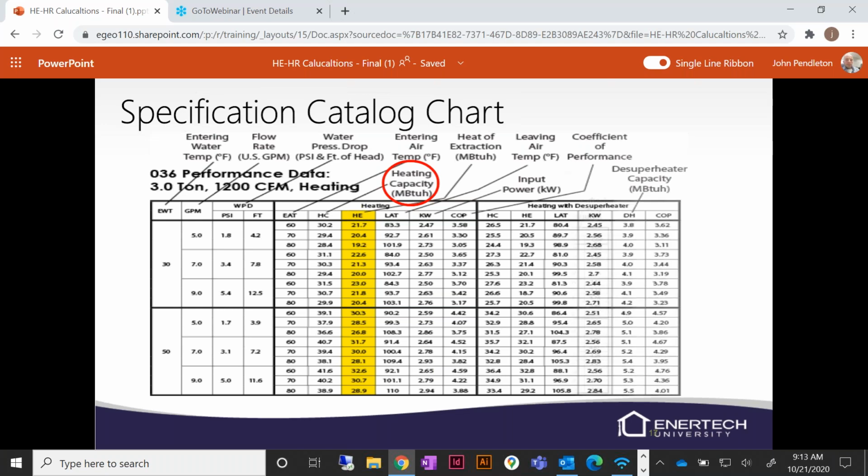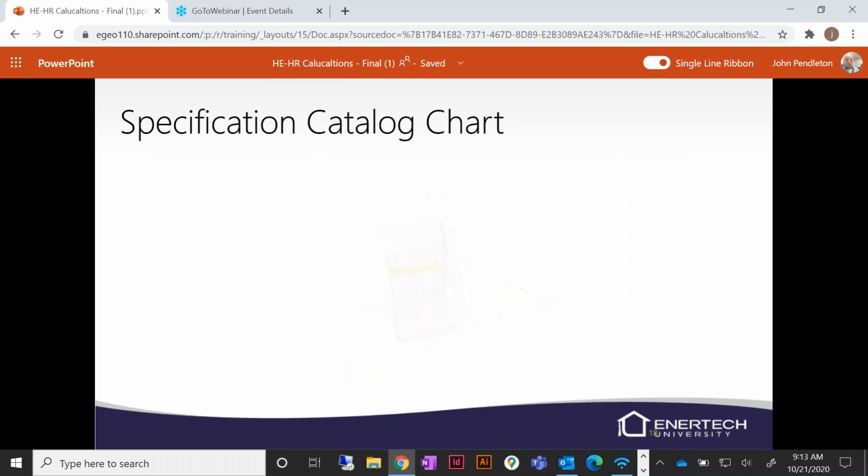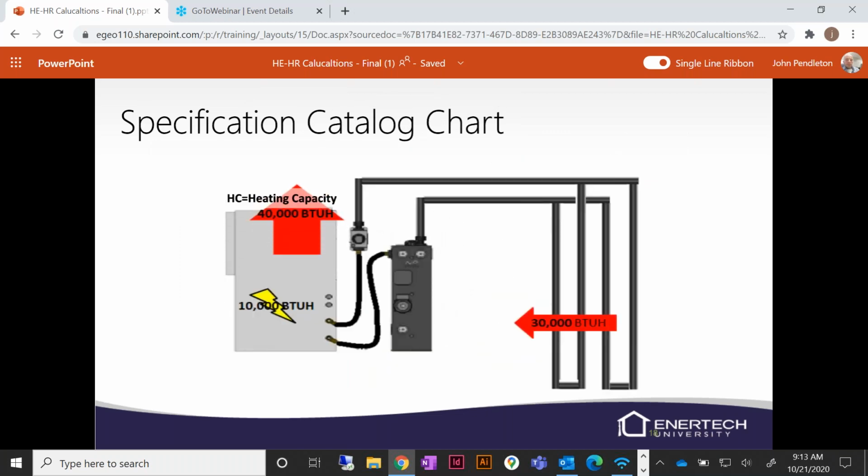We have in the circuit what we call heat of compression. That's basically the electrical circuit, the compressor, which is going to produce heat, and we've got to do something with that heat. Heat of extraction is what we're extracting out of the loop field. The heat of compression, we have to pick up and do something with as well. In heating mode, we can use that for our heating capacity.